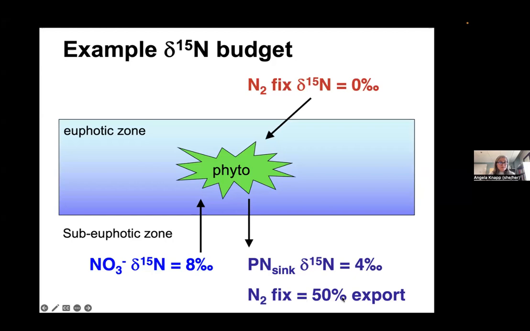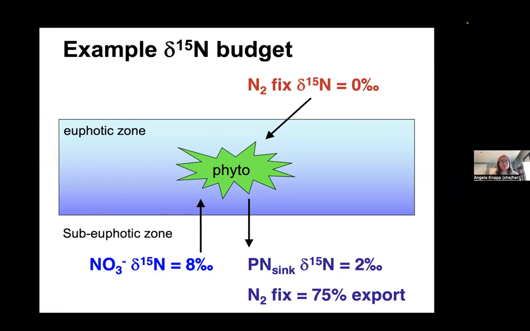So here in this example, N2 fixation would support half of export production. Let's say we went somewhere else and we measured a delta N15 of the sinking flux and it was 2 per mil. That would tell us that 75% of export was supported by N2 fixation and 25% by subsurface nitrate. Okay, so that's how we get the first really important piece of information from a delta N15 budget: the relative importance of subsurface nitrate and N2 fixation for supporting export.